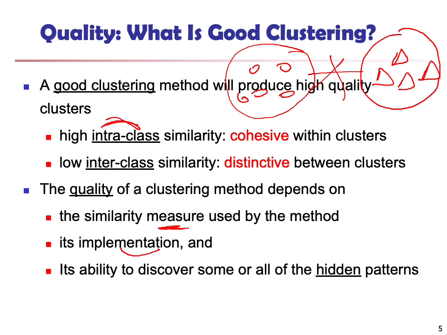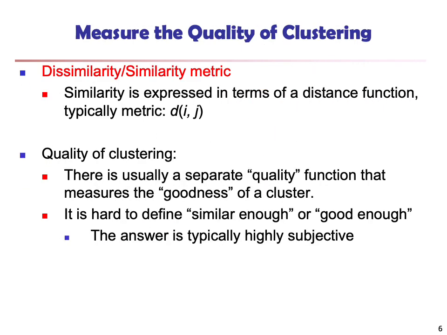And then how good are those clusters at identifying those interesting patterns that we're looking for in our data? So one way to represent similarity is using a distance function. We can come up with a distance function to represent how similar data is using this metric.